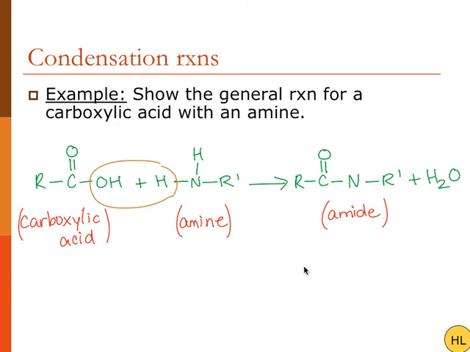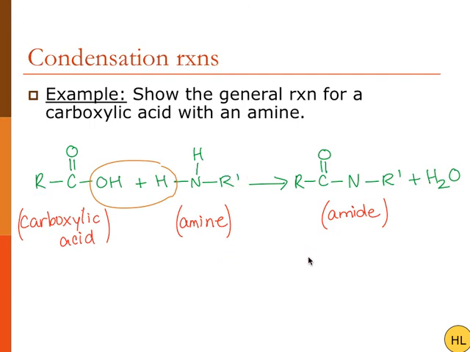A lot of times it's useful to show a general reaction for any type of reaction. And if you remember, the R just stands for a chain, a carbon chain, an organic compound. If I want to show two different ones, I use things called prime. If I had reason to show a third one, I would use R double prime.